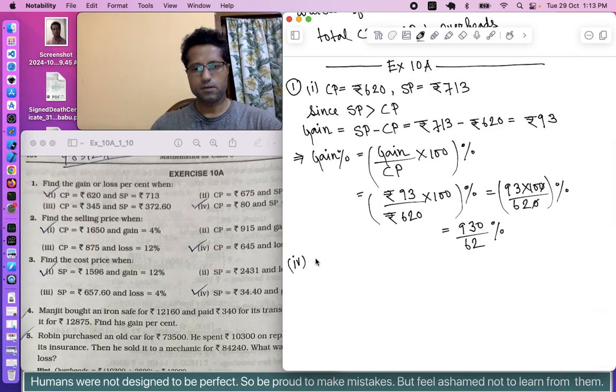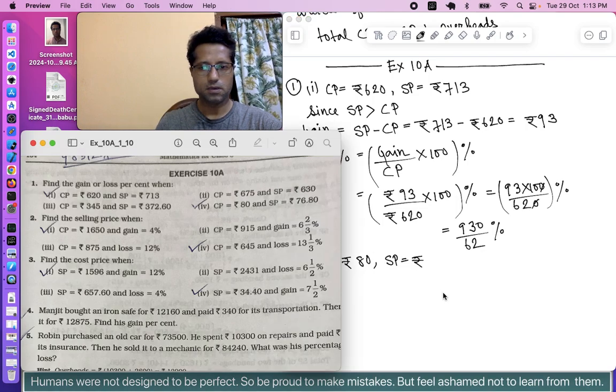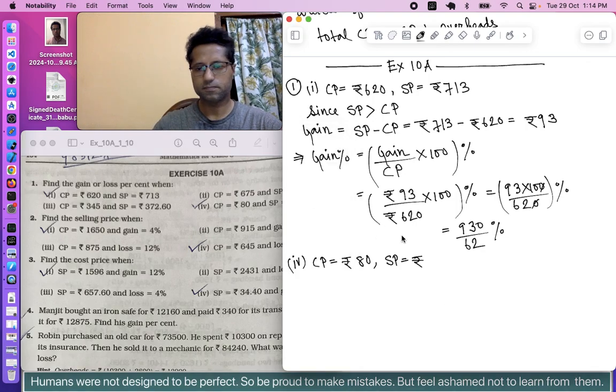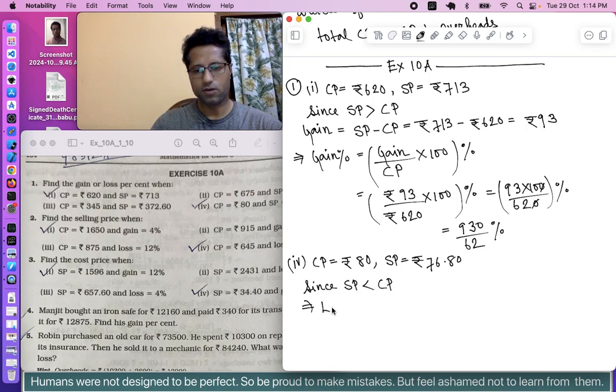Let's do part 4. CP is given to be rupees 80 and SP is given to be rupees 76.80. Since the selling price is less than CP, this implies we will have a loss.